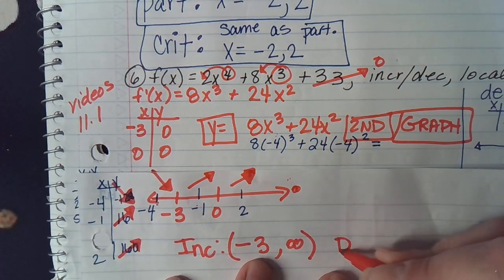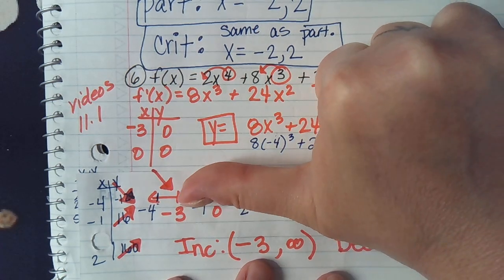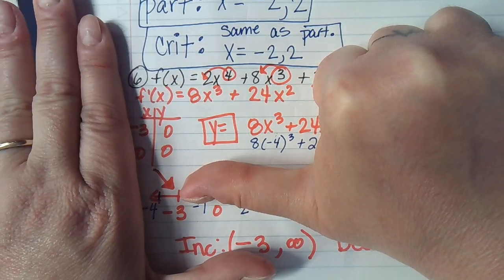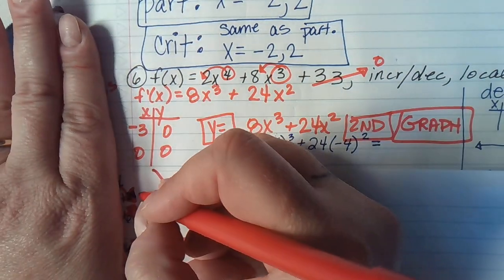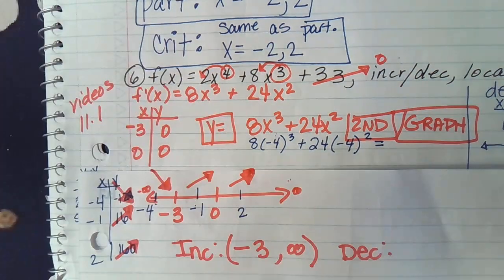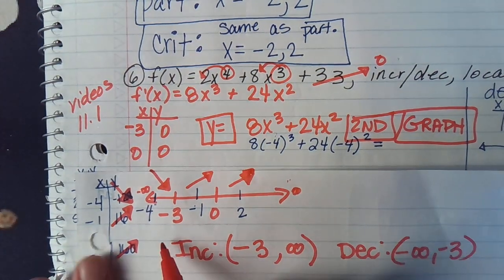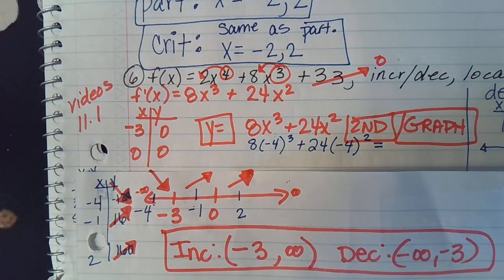Okay, the decreasing, let's see, it looks like it's to the left of negative 3. So to show that, we say negative infinity, because that's the number on the very, very left at the end of the line, all the way up to negative 3. Hey, those are our increasing and decreasing intervals.